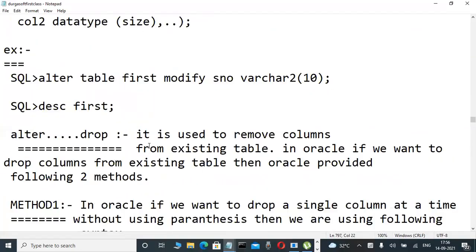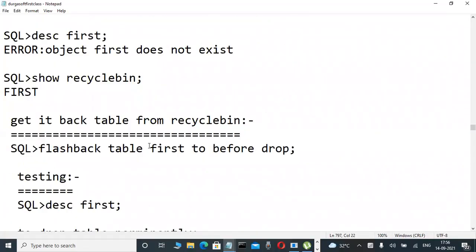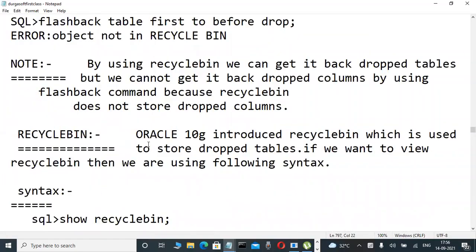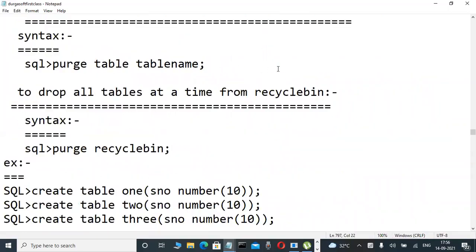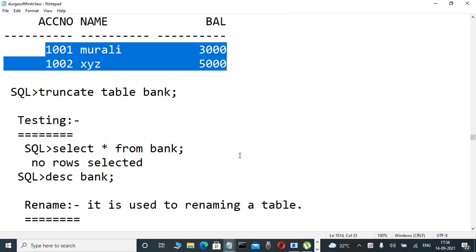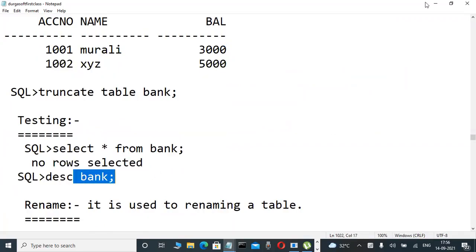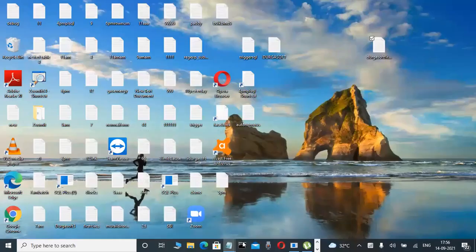These are all the things we are learning in our course, flashback, recycle bin, so many concepts are there. Yes, truncate: Oracle 7.0 onwards, truncate table is there. Whenever we truncate, these rows are deleted permanently, but only columns are available. Don't worry, I am telling this just for terminology purposes.